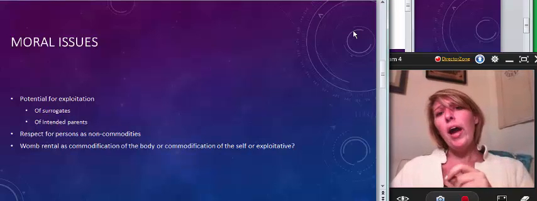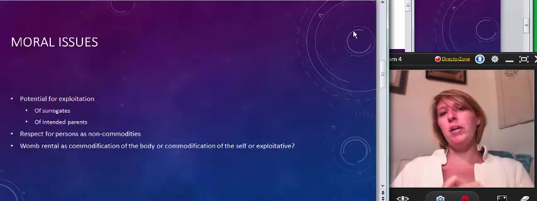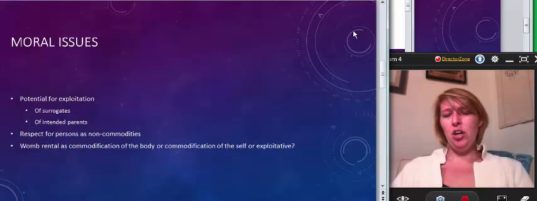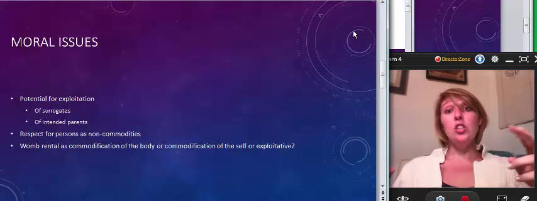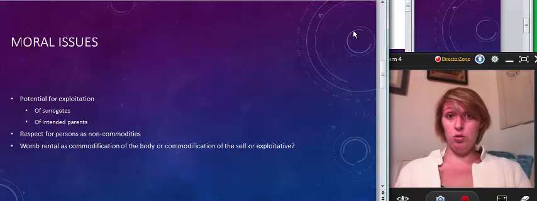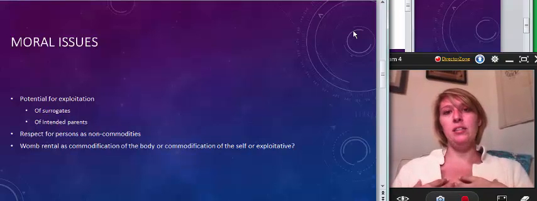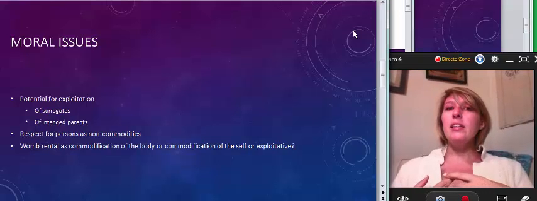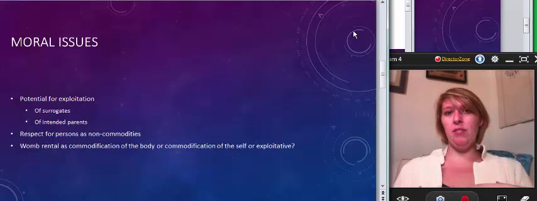Or is it more exploitative to require that it only be altruistic, in which case women feel compelled to do it based on our roles as nurturers and inherent caregivers and our socialized roles as mothers, women, those sorts of things. And I'd say we, speaking as a woman identified female. Then the social burdens of motherhood, is that more exploitative?